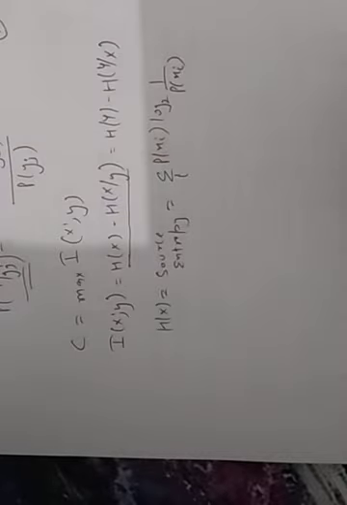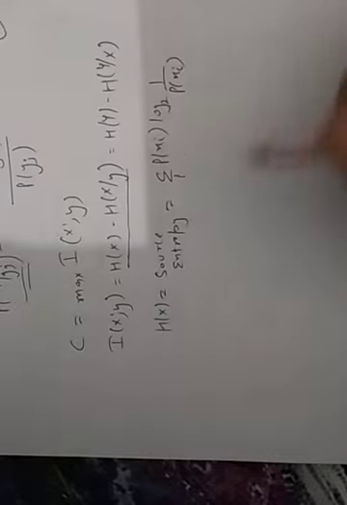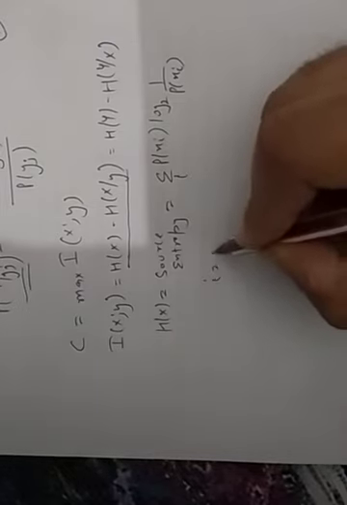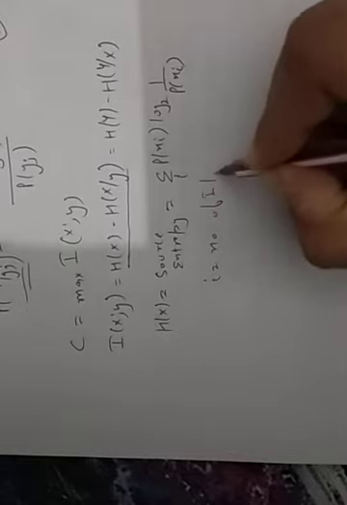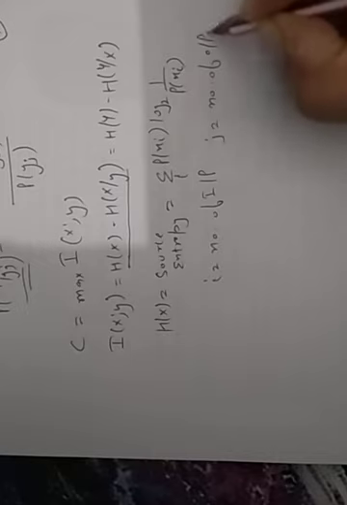Similarly, J will stand for the number of outputs. In case of BSC, the number of inputs is 2 and the number of outputs is 2, so both I and J will be equal to 2. But now we are making a general formula, so we will write I and J. I is the number of inputs and J represents the number of outputs.